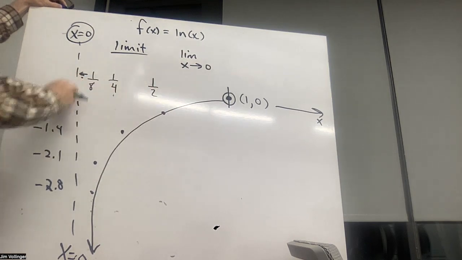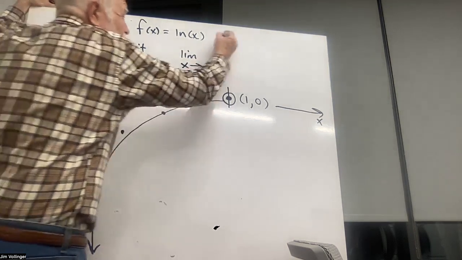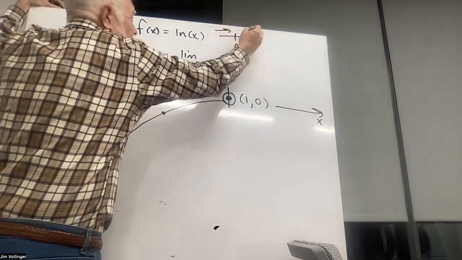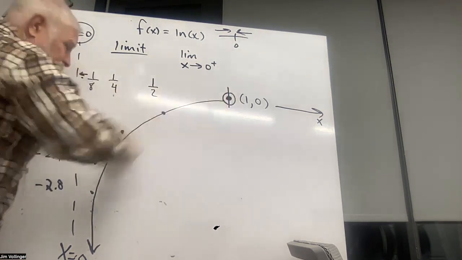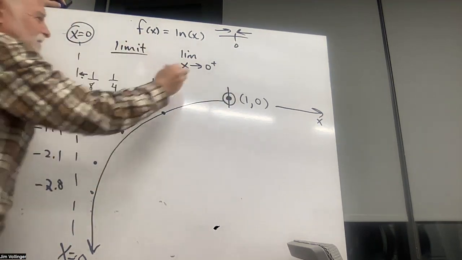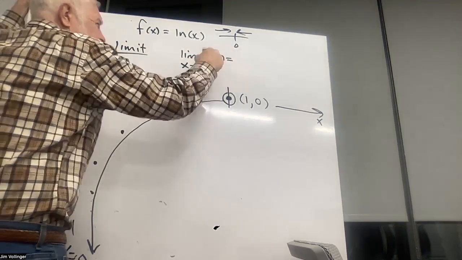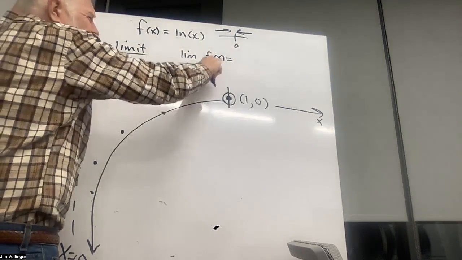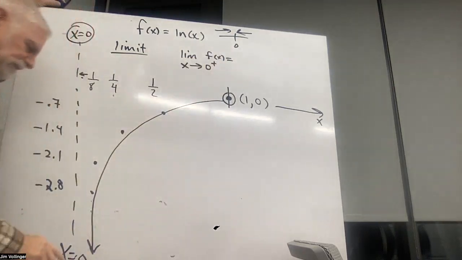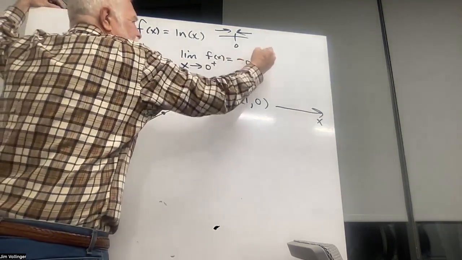I'm coming towards 0 from above, because I could come to 0 from 2 directions, and I only went from 1 direction here, from above, and it sure looks like my function is doing something. The limit, as x goes to 0 from the right of this function, is negative infinity, and that's called planting a seed.